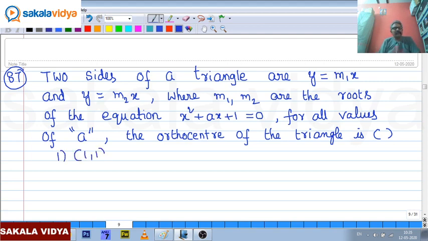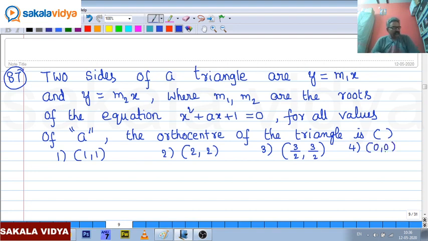Okay, after completion of 87 definitely I will explain 86. Don't worry, I will explain. Second option 2 comma 2. Third option is 3 by 2 comma 3 by 2. Fourth option is 0 comma 0. This is the question.